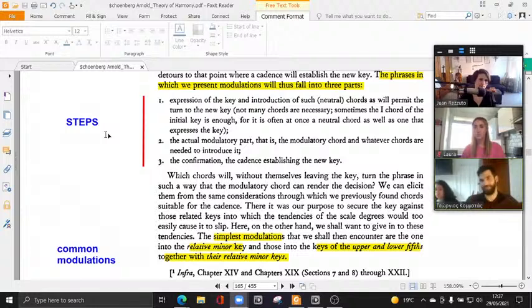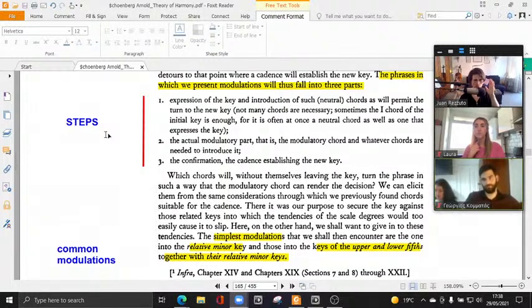Exactly. But at the same time it expresses the key. So it's like the best chord ever to start a modulation. Very well, amazing.